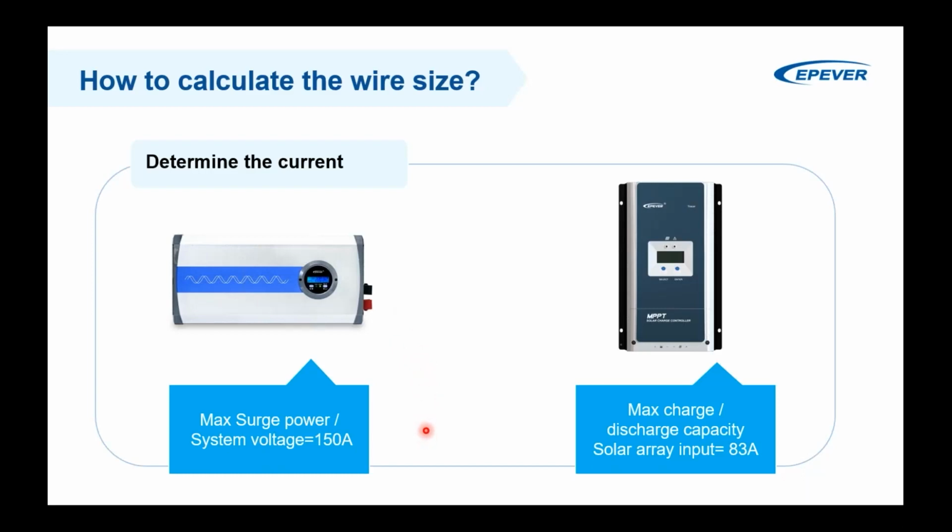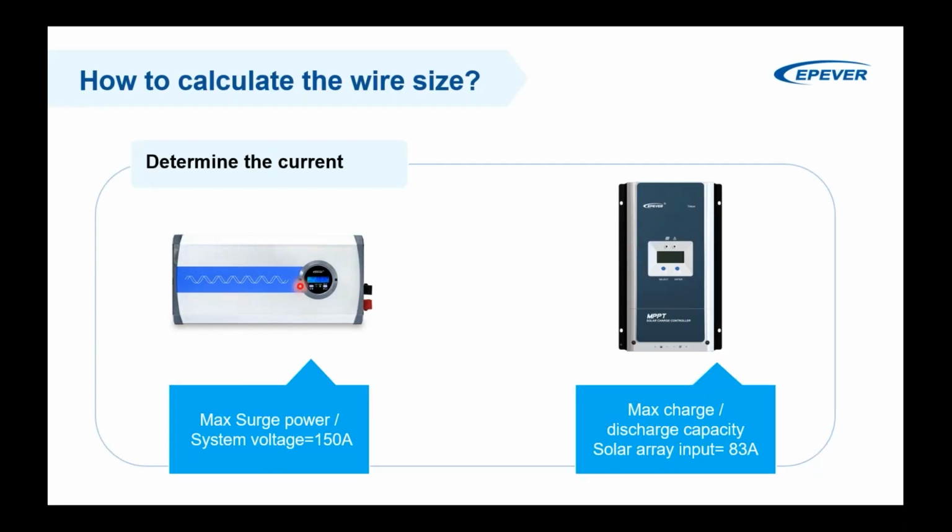For the inverter, you can choose the maximum surge capacity and divide by the system voltage. So you do not use the continuous power of the inverter. You have to use the surge capacity of the inverter, because there is a reason that this inverter has a surge capacity. It is meant to let specific loads like motors, which demand a high inrush current to start, in your circuit.